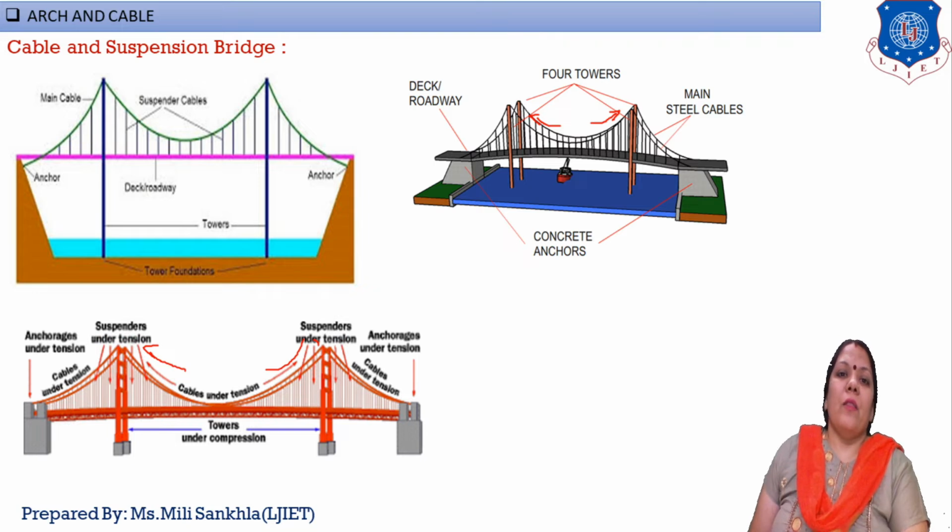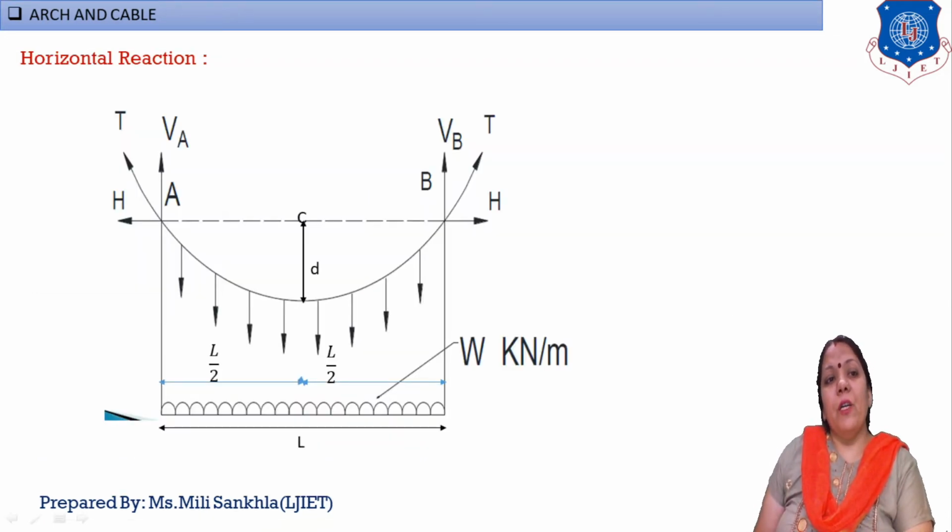Now next, here we find the horizontal reaction one by one. One cable is given, and on this cable this horizontal line is our deck slab. This cable is subjected to tensile forces because the suspenders transfer load to the main cable, or suspension cable.